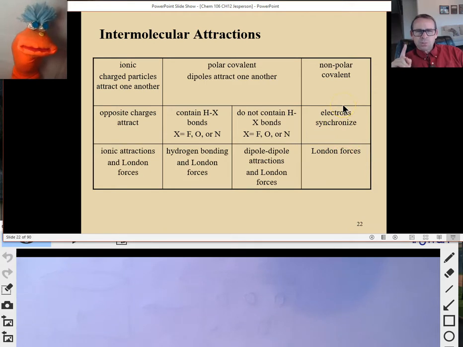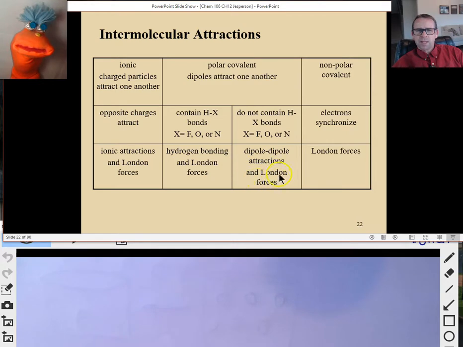Another name for dispersion and London forces is van der Waals interaction, named after a different professor who studied these phenomena. So for van der Waals interactions, London forces, polar covalent compounds that don't contain a hydrogen can have dipole-dipole attractions and London forces.